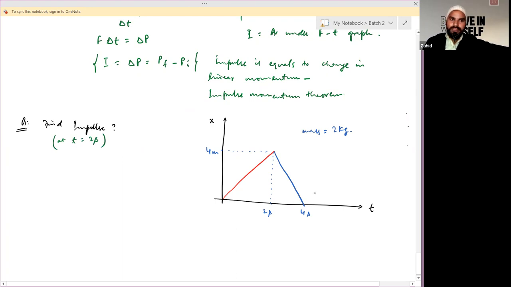There is another relation to find impulse, which equals change in linear momentum. And linear momentum equals mass times velocity. And using the displacement time graph, we can find velocity. So we have to use this relationship. Is it clear?